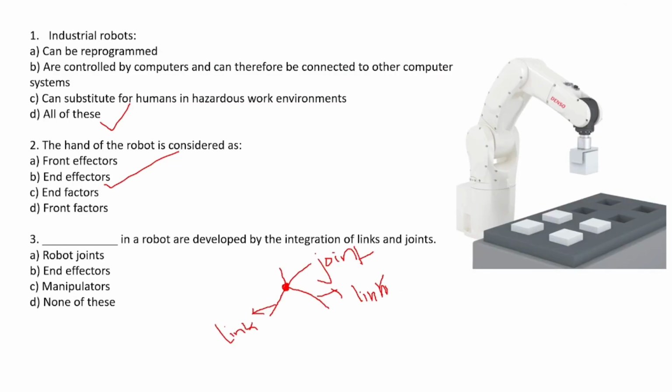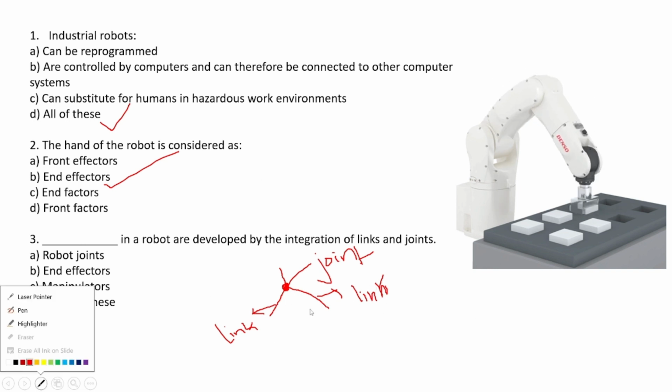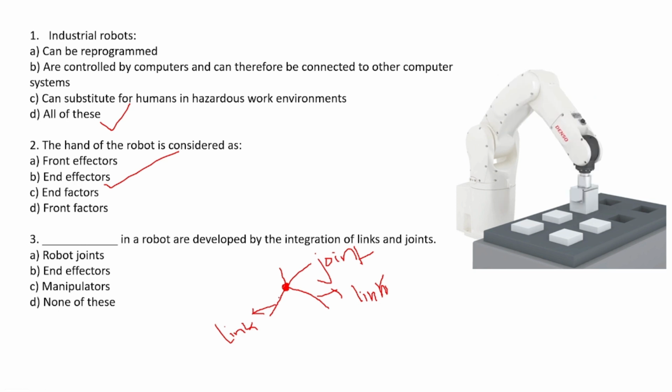The thing is that here, if we say these two are the links, then this is the joint. So basically, a joint provides relative motion. Links are rigid members between joints, and there are various joint types, linear and rotary, and each joint provides a degree of freedom.